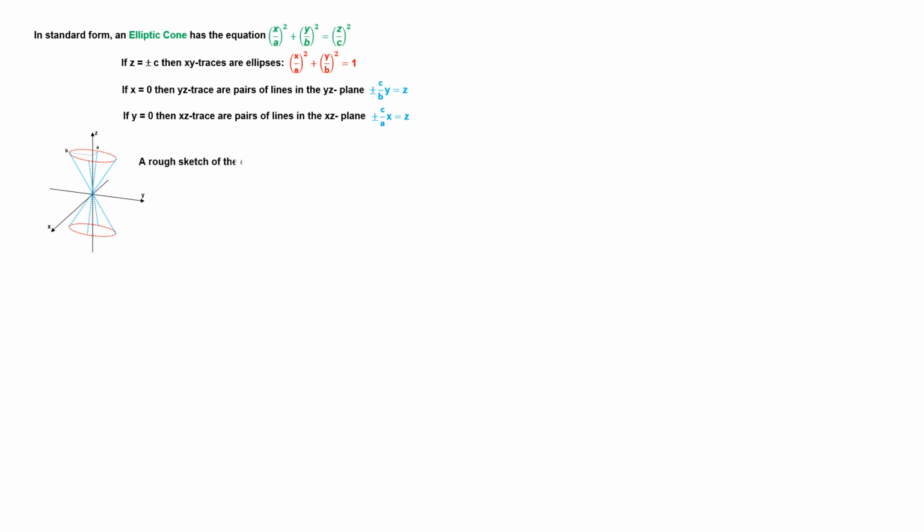A rough sketch of the elliptic cone can be obtained by first sketching the elliptical traces in the planes z equals plus or minus c, and then sketching the linear traces that connect the endpoints of the axis of the ellipses.